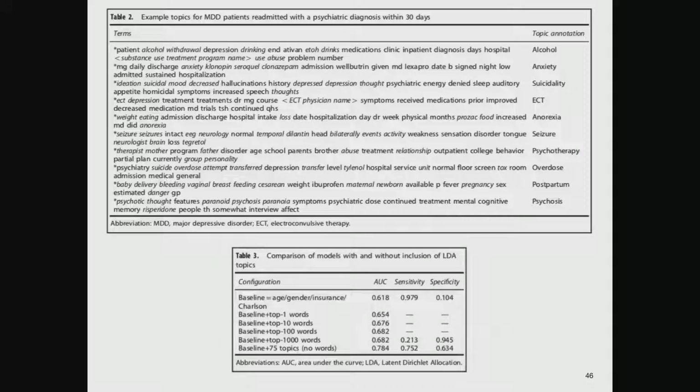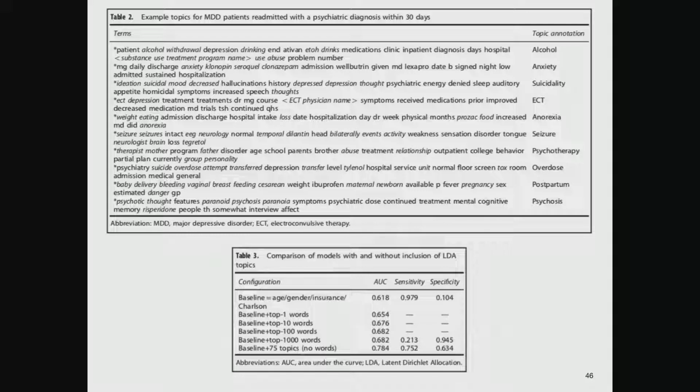If you look at the first one, it says patient, alcohol withdrawal, depression, drinking, Ativan, ETOH, drinks, medications, clinic, inpatient diagnosis, days, hospital, substance use treatment program name, that's de-identified, use, abuse, problem, number.